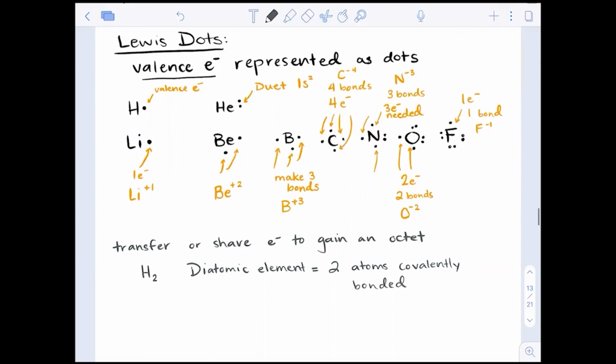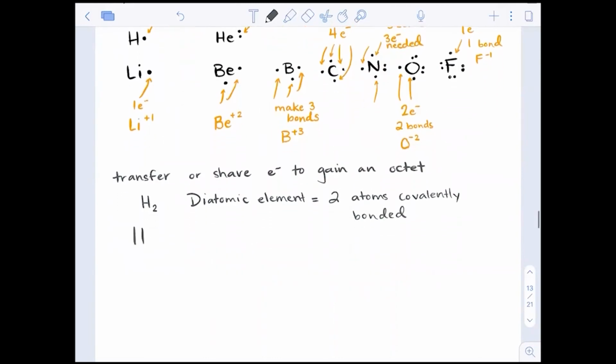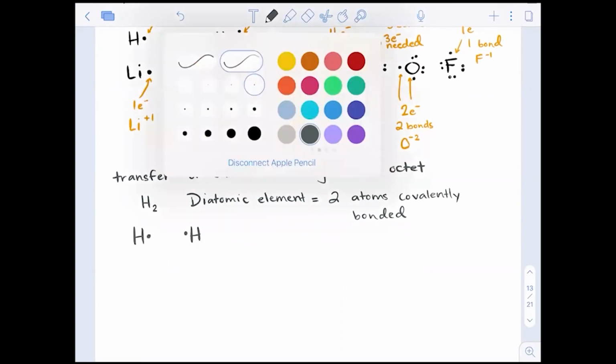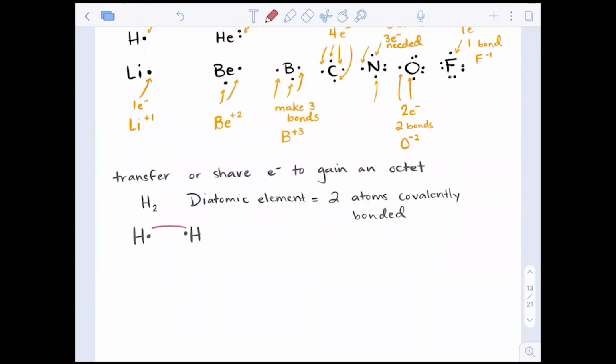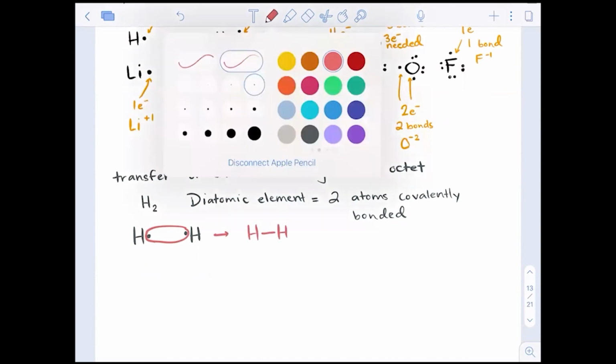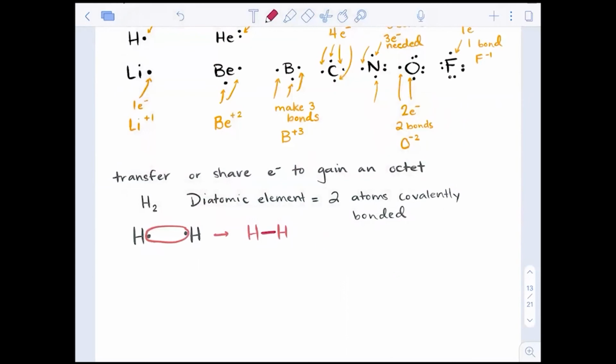So things like hydrogen, we can think about 2 Lewis dot atoms. Hydrogen will actually come together with another hydrogen atom in order to make hydrogen diatomic. Notice that this new covalent bond is 2 electrons being shared.